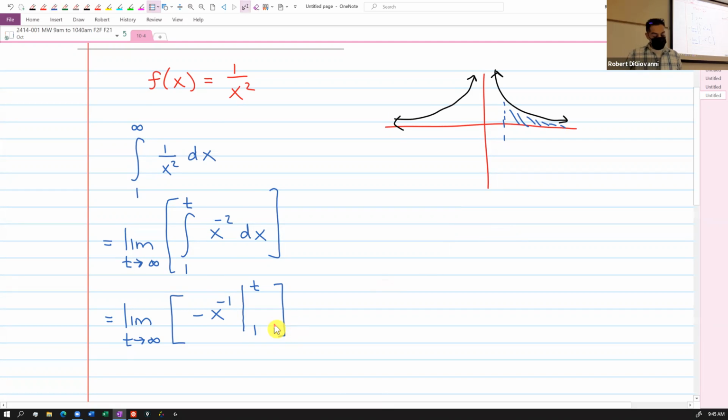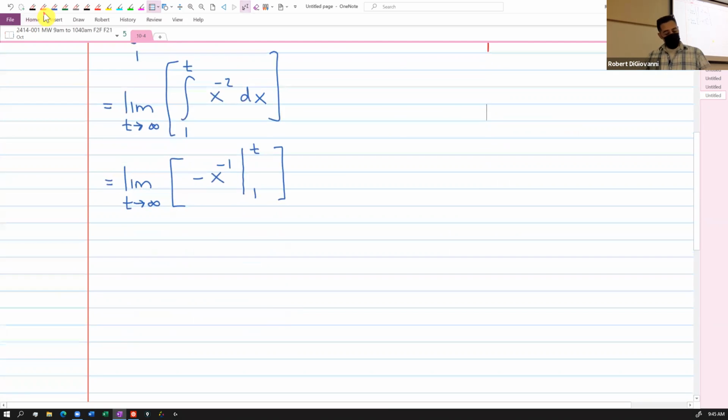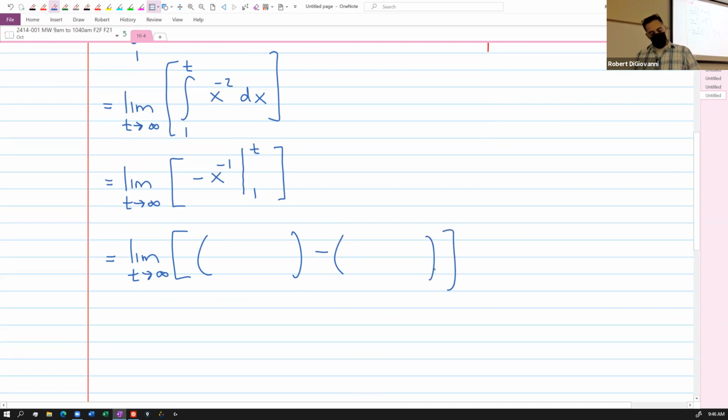Okay, so here's where we are. Now I'm just going to use the theorem. No limit yet. I'm just going to evaluate this at the 2 endpoints. So I forgot my minus sign. I plug in t first for x, right? So this becomes negative t to the negative 1.